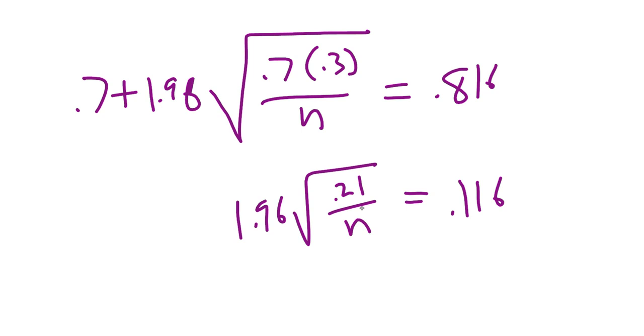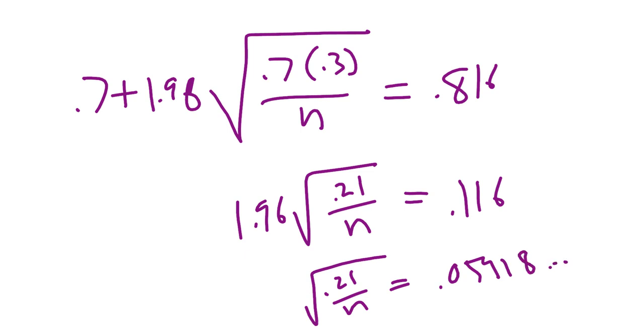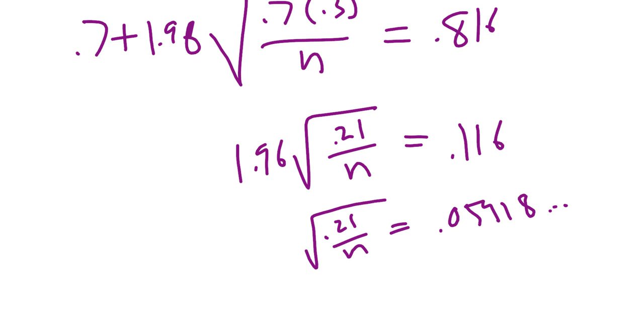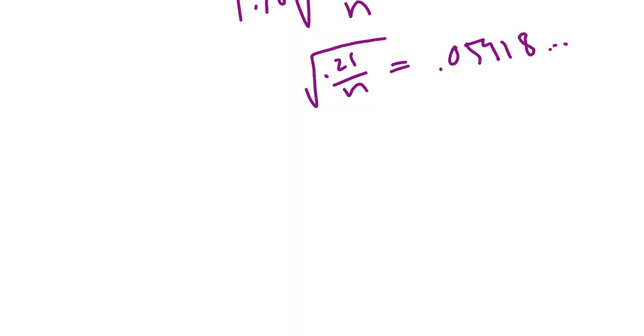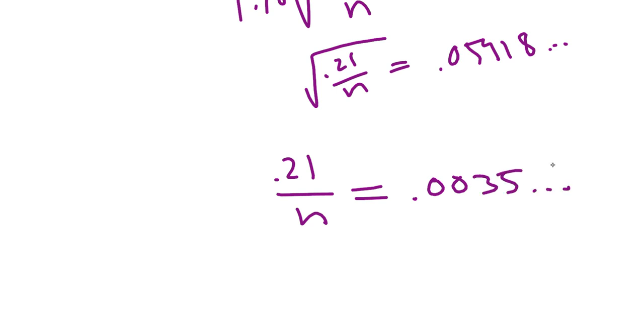And so I'll divide both sides by 1.96. We will get the square root of 0.21 over n is equal to 0.05918. Lots of decimals there. I'm just going to leave it there. I'm going to square both sides, and you'll get 0.21 over n is equal to 0.0035 and more decimals.